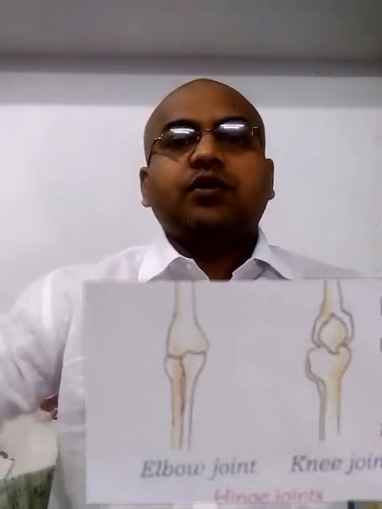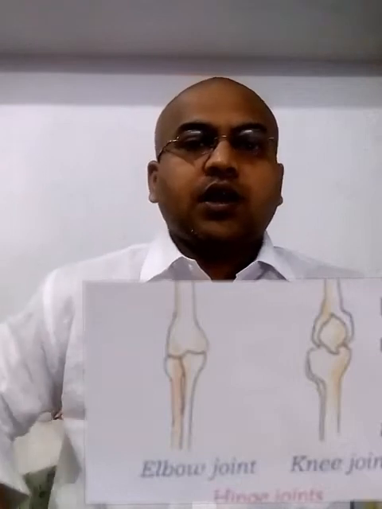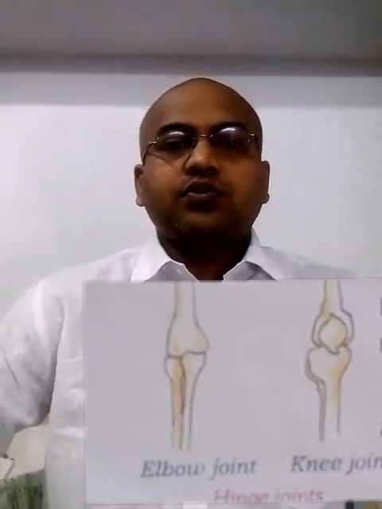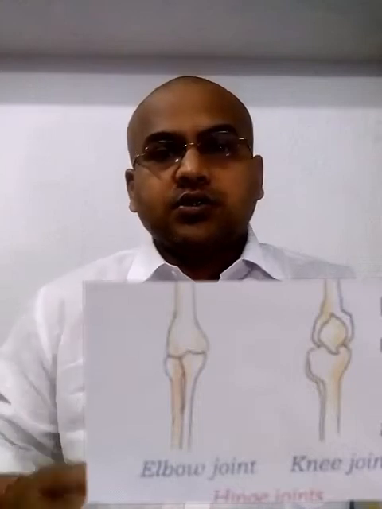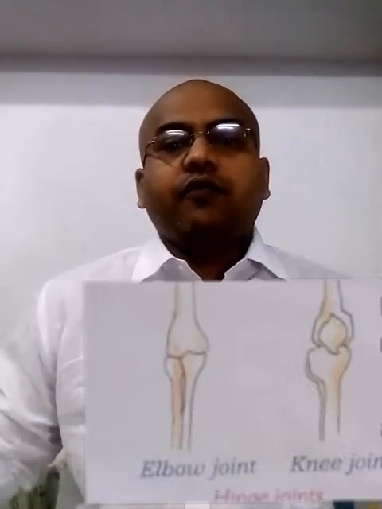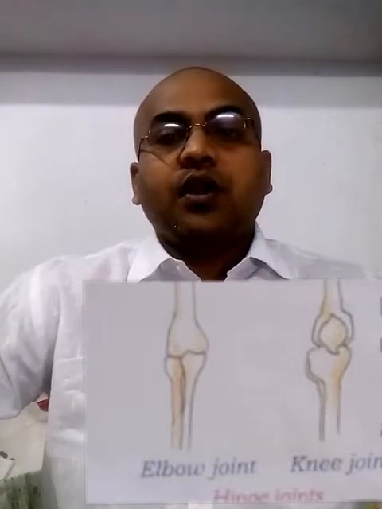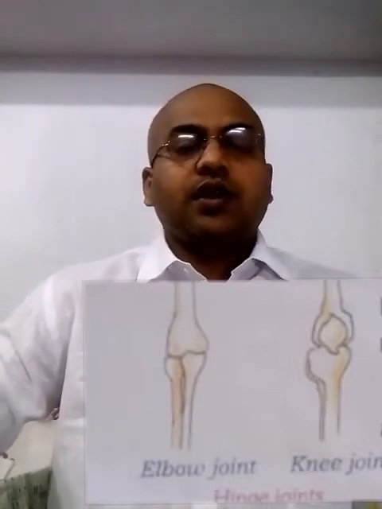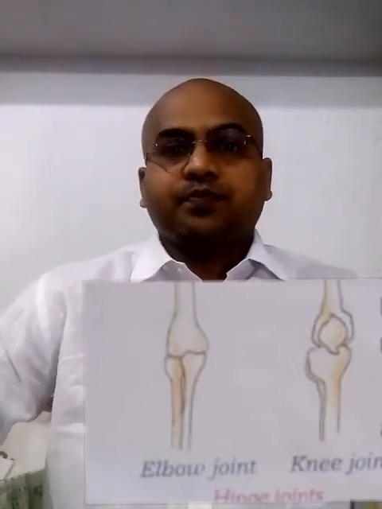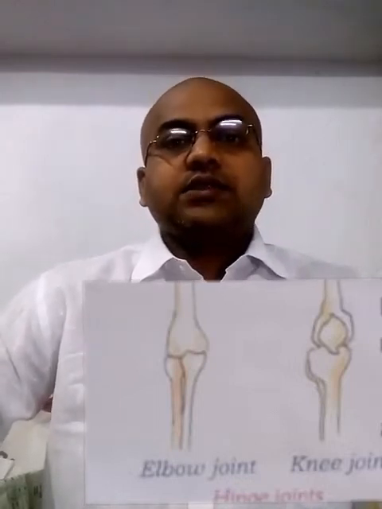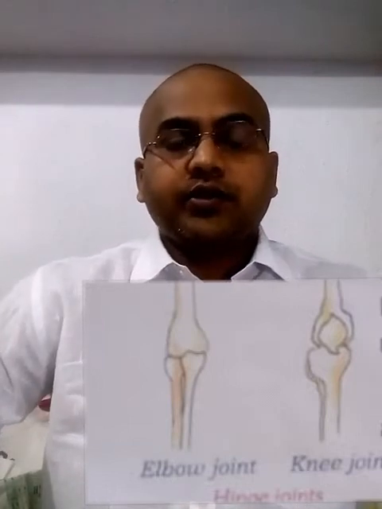So this ball and socket joint at the hip region allows us to move in a circular way, with a very good amount of movement. So class, these are the two examples of ball and socket joint, our shoulder and our hip joint. This is all about the ball and socket joint.